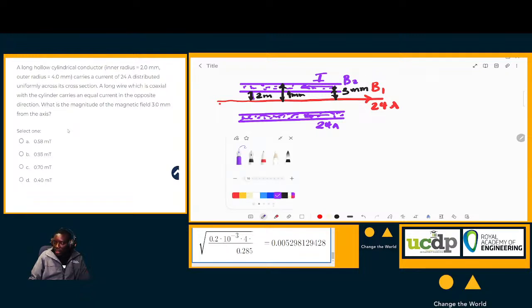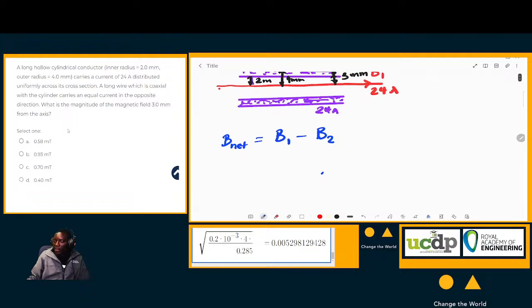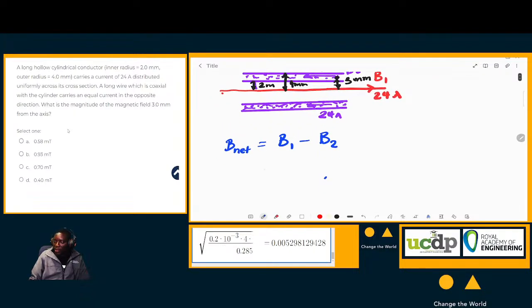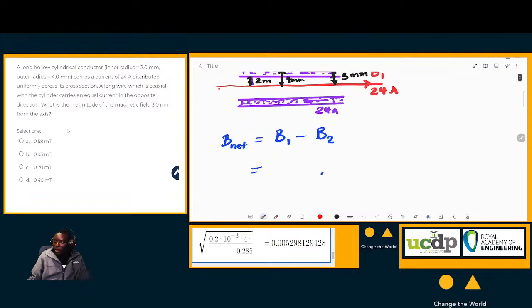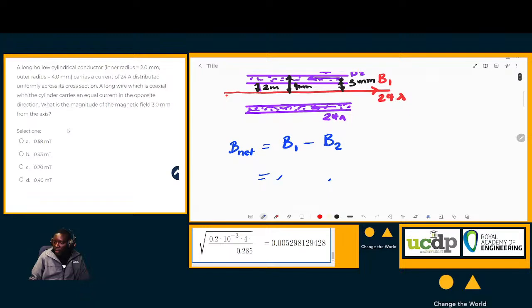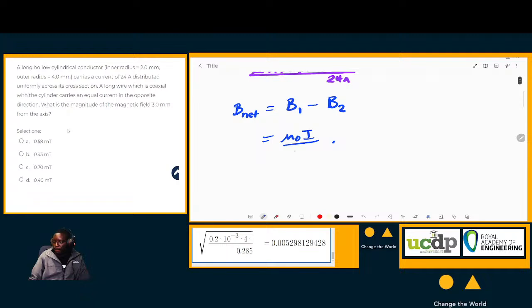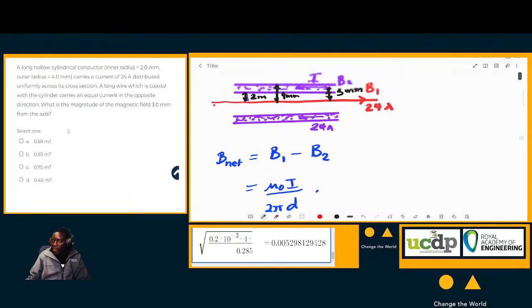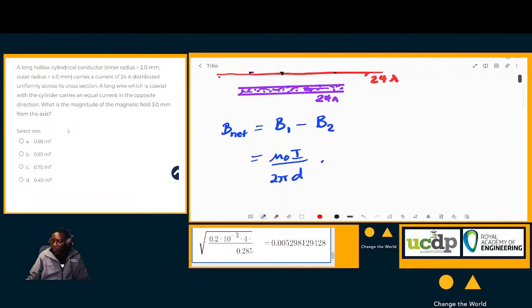The net field at the point of interest will be B net equals B1 minus B2, because the currents responsible for the two fields are opposite. B1 is due to the straight conductor, given by mu naught I over 2 pi d, where d is the distance from the center to the point of measurement.